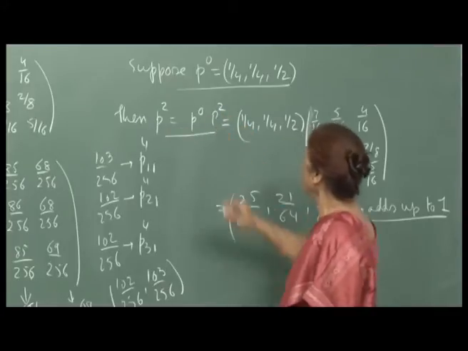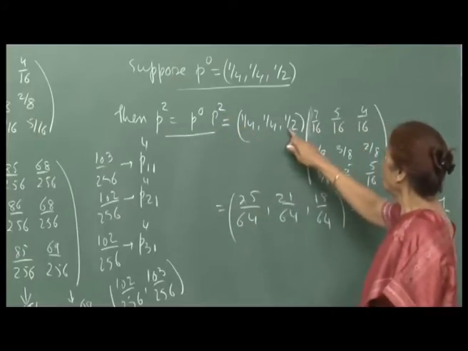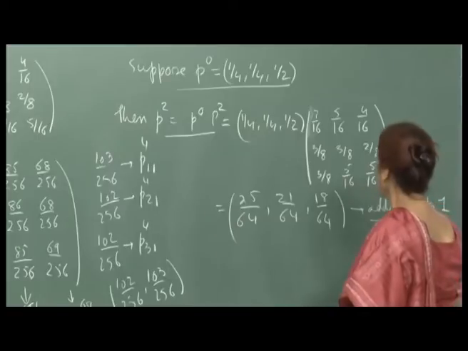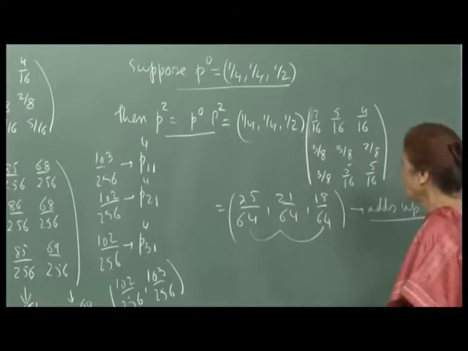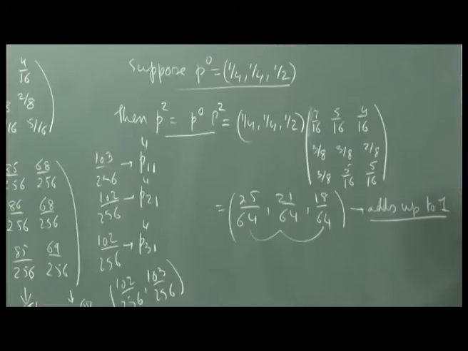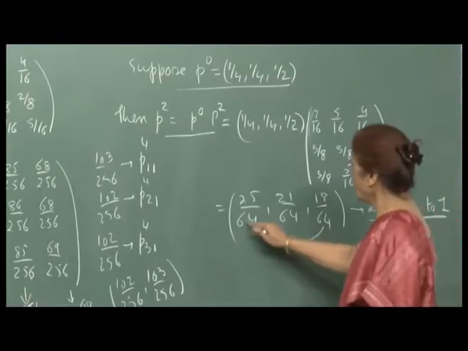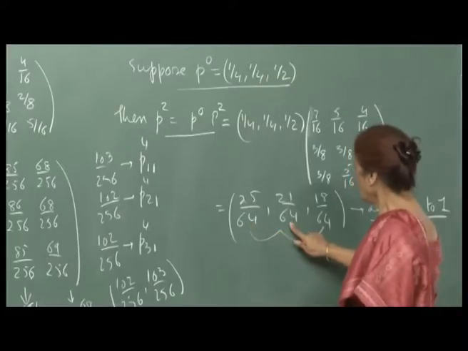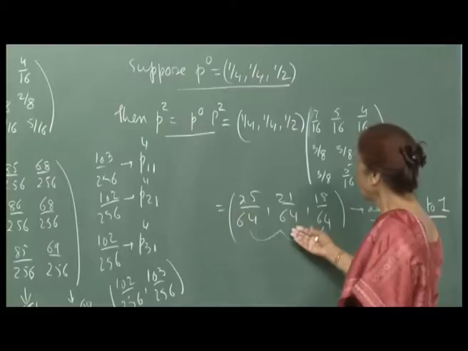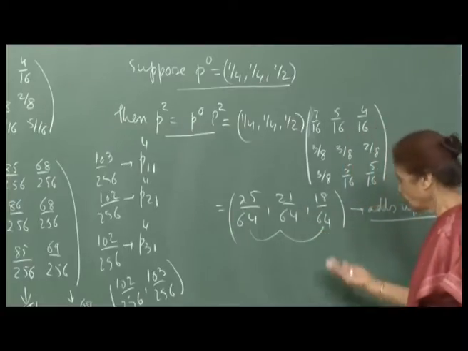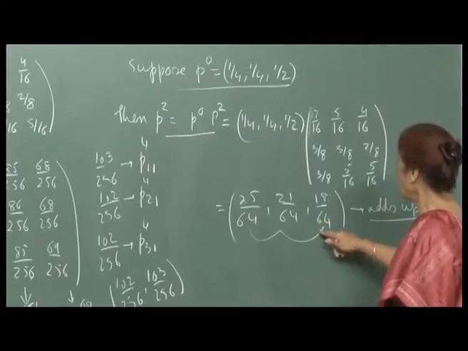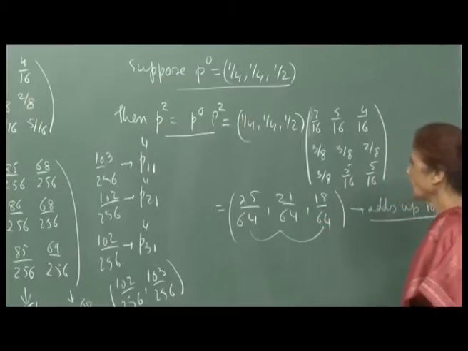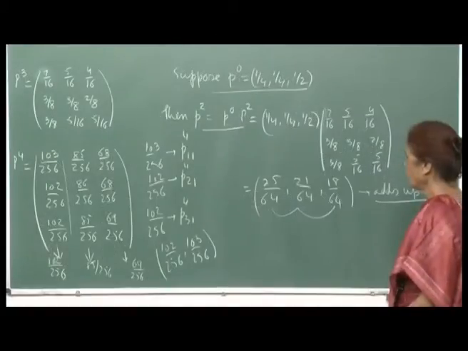That will be given by 1 by 4, 1 by 4, 1 by 2 multiplied by P square. So this gives you the probability of being in production after 2 transitions, and this is the probability of being in the next state. These are the state probabilities after 2 time periods. This is 21 by 64 and 18 by 64, and these probabilities also must add up to 1.